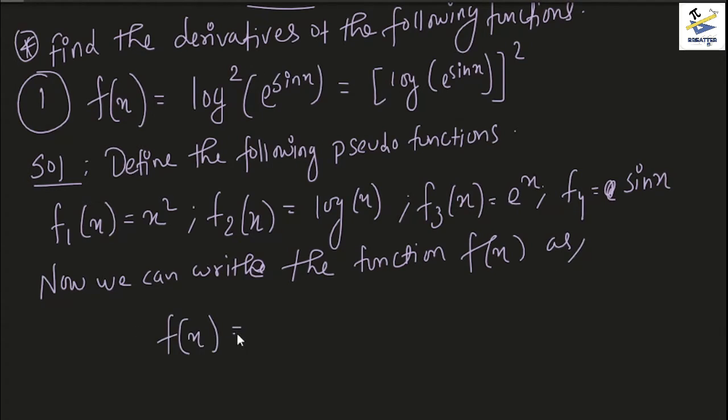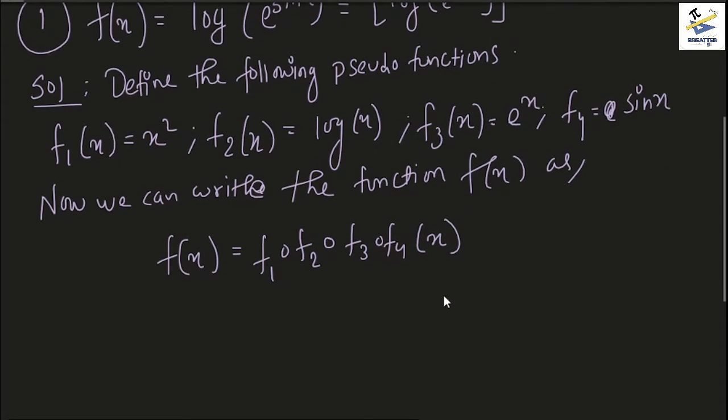We want the first function to be the square, the next log, next exponential, next sin x, right? So our function is basically f1 composition f2 composition f3 composition f4 of x.